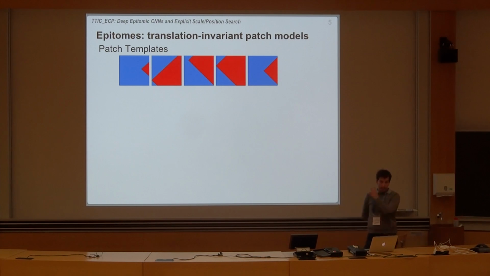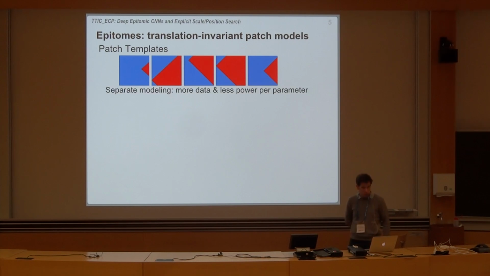So these would be distinct structures and would require separate filters to take care of them, even though we see that we have certain commonalities among them. So if we do not exploit these commonalities and treat them separately, what happens is that we require more data to train each of those separately, and we have also less power per parameter.